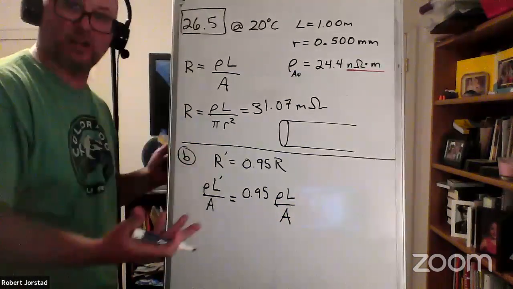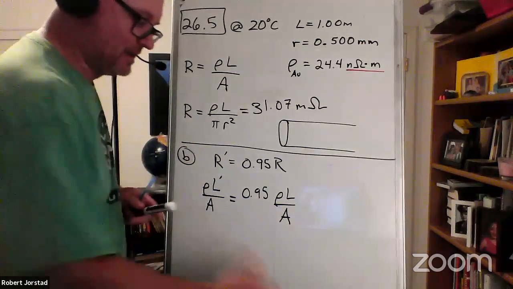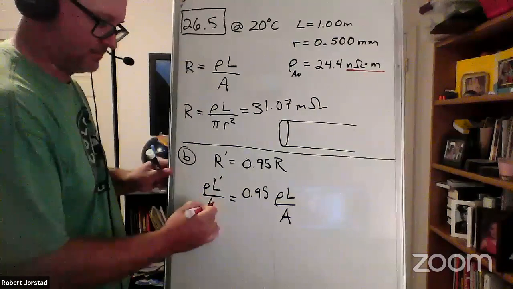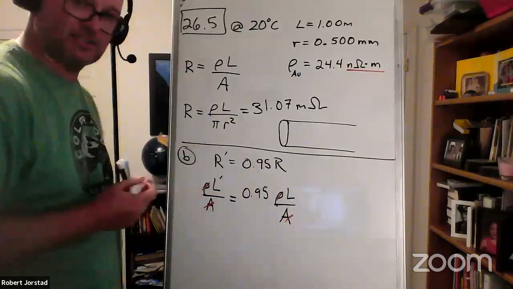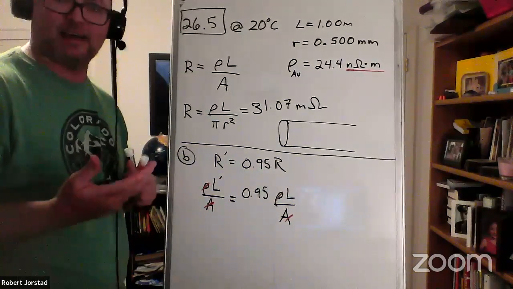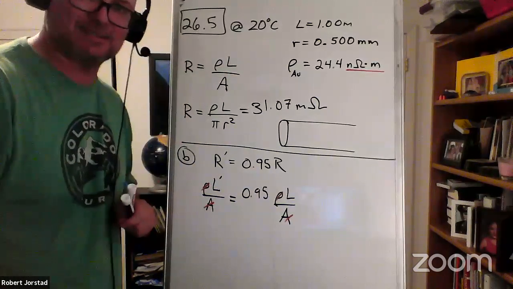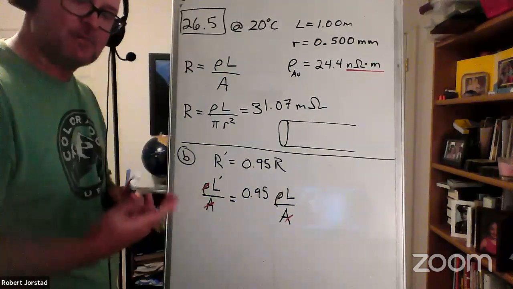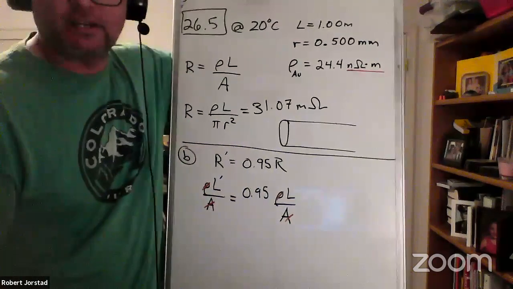Or you could take a ratio, right? But in this particular case, I'm assuming that the areas don't change. I'm assuming that the resistivity doesn't change, but the length does change. I could see, if I make it 5% shorter, I get 5% less resistance. Not that exciting, but this does foreshadow the next part. I'm going to go right to it.